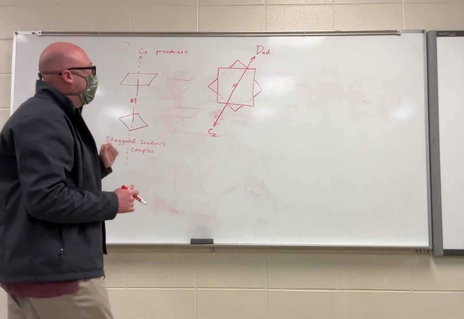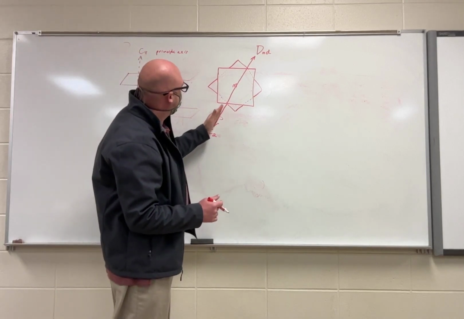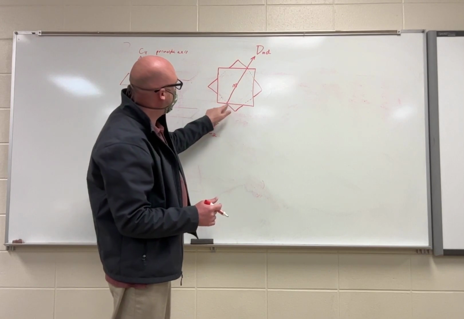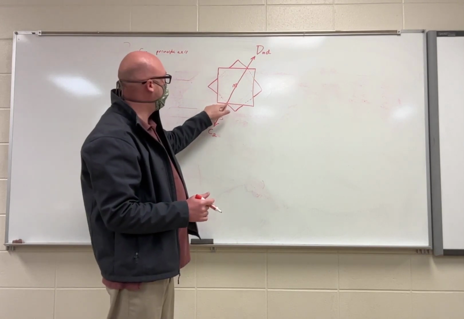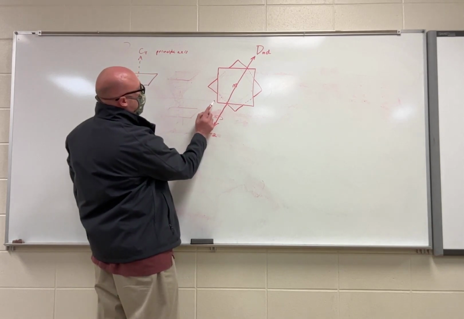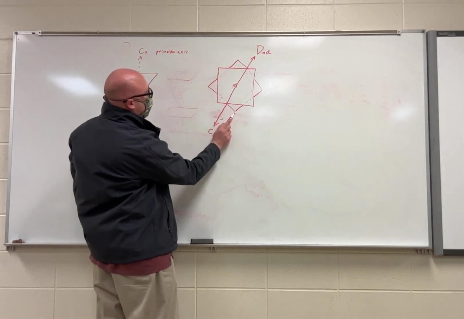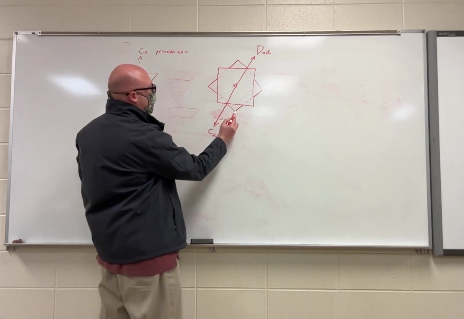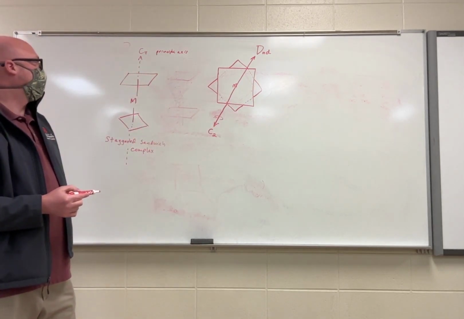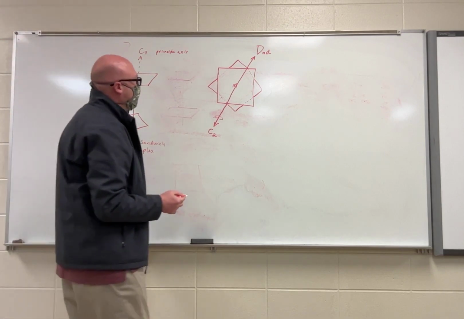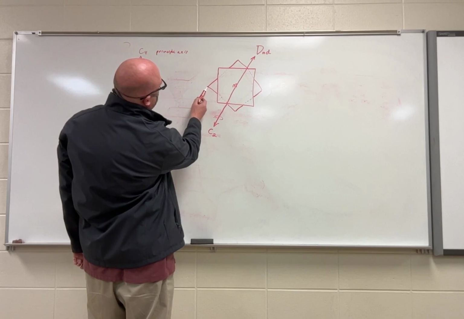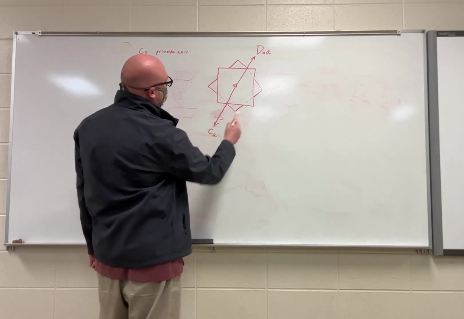Now, the C2s go exactly in between where these cross over above and below each other. So when I perform a 180-degree rotation, this point swings around to the bottom at this symmetry equivalent position. Right? This position here is going to swing around to the top to this position.